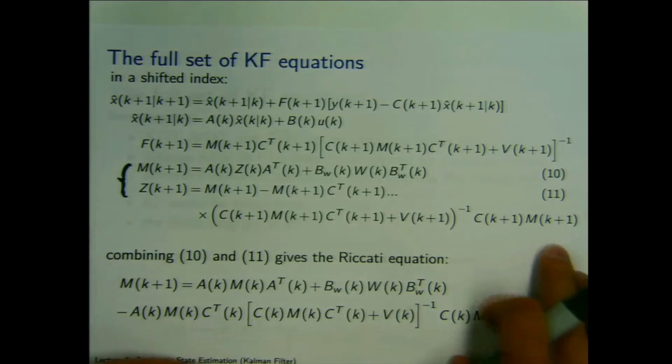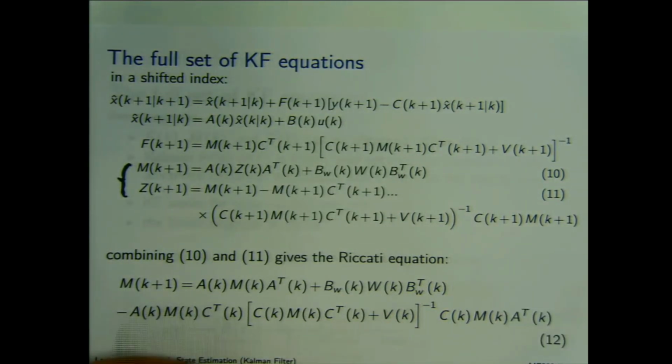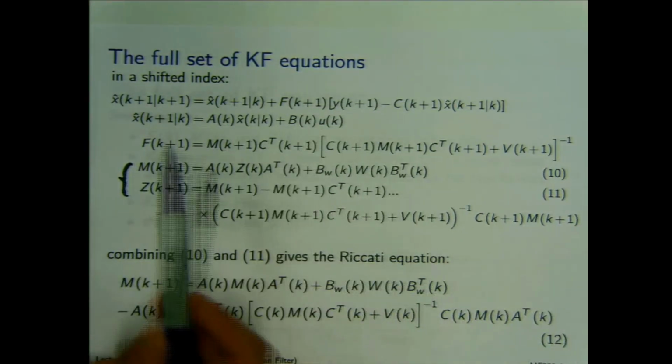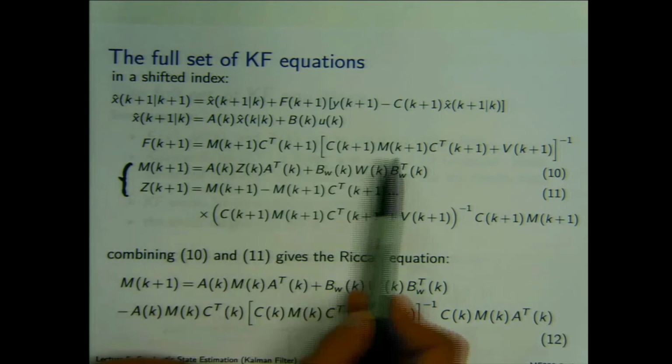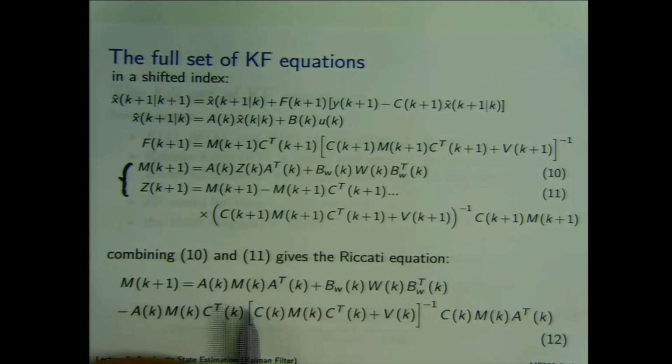Okay. Look at this term. Now I'm going to talk about how this is implemented. To implement this Kalman filter, I'm going to need the gain F matrix. And to do that, I'm going to need the matrix M, which comes from this Riccati equation. Now, look at this Riccati equation very carefully. We have no problem knowing the system matrices.